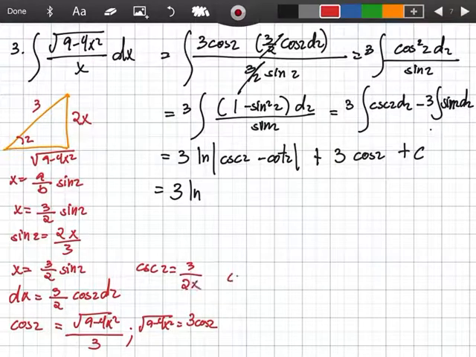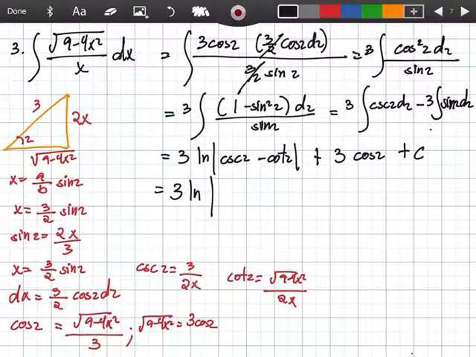And cotangent is adjacent over opposite, square root of 9 minus 4x squared over 2x.